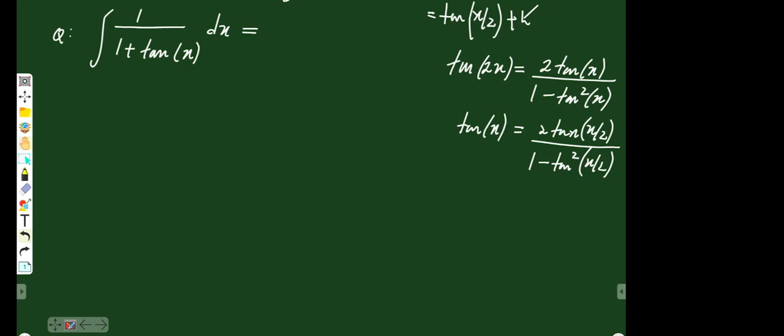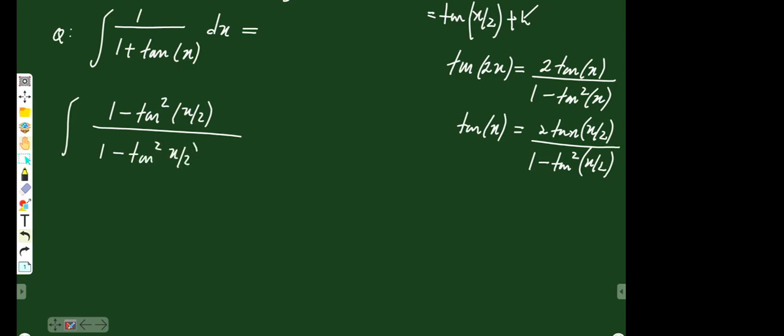Okay. So if you substitute that here, you get 1 minus tan squared x divided by 2 divided by 1 minus tan squared x divided by 2 plus 2 tan x divided by 2.